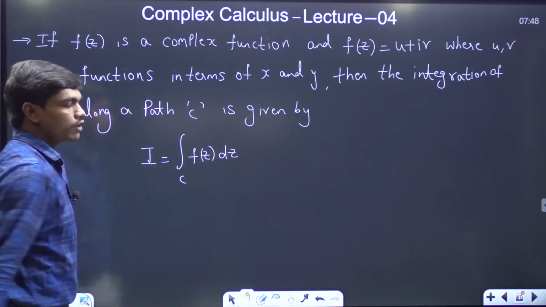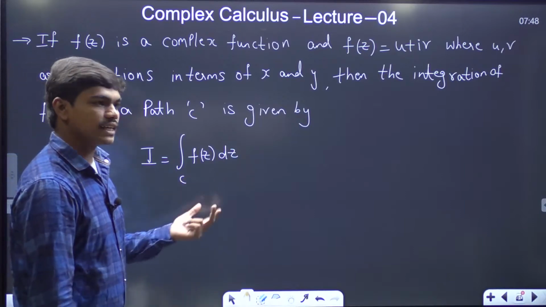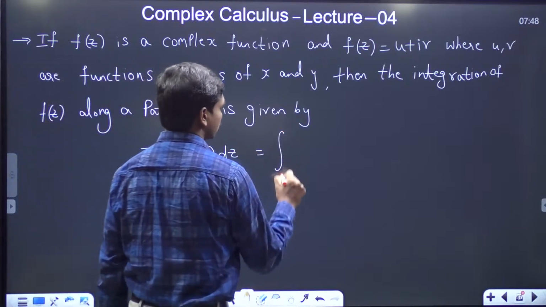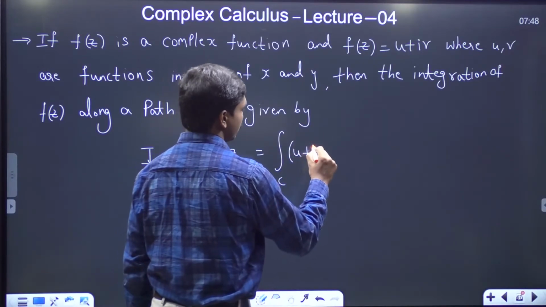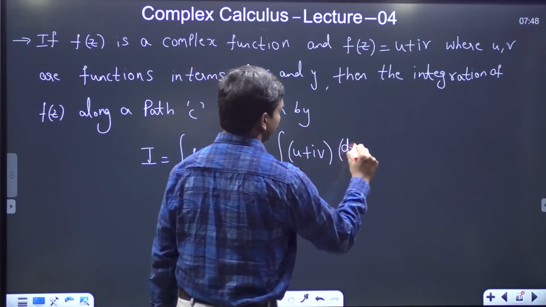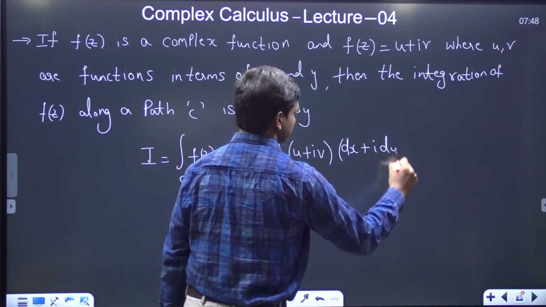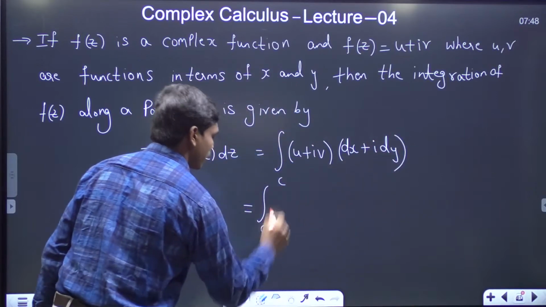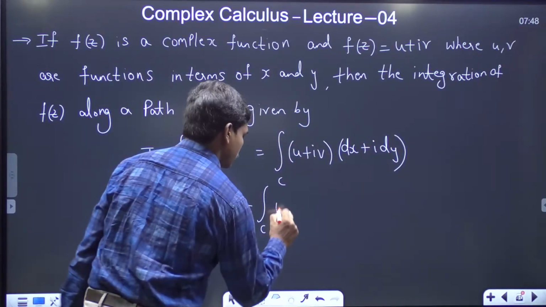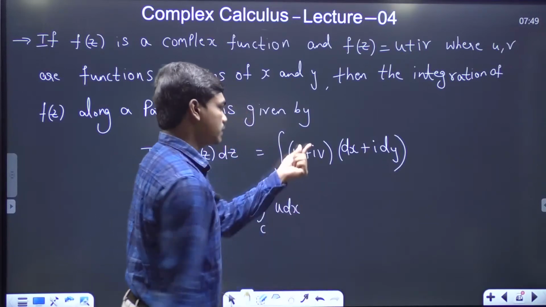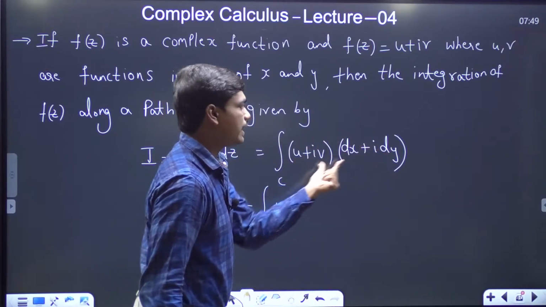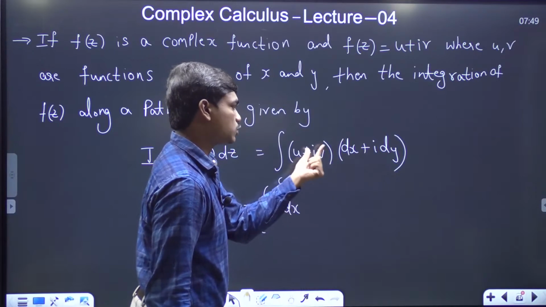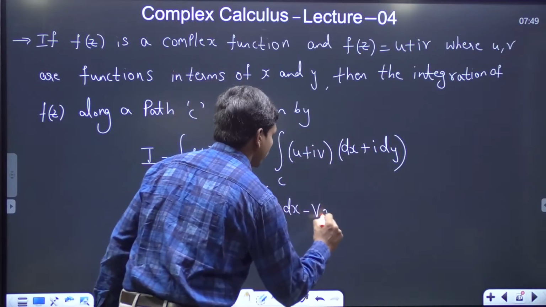So when we have f of z as u plus iv and dz as dx plus idy, let us expand these terms along the path C: u plus iv into dx plus i dy. So this is equal to, along the path C, u into dx is u dx, plus iv into i dy. i into i is i squared, which is minus 1, so minus v dy.